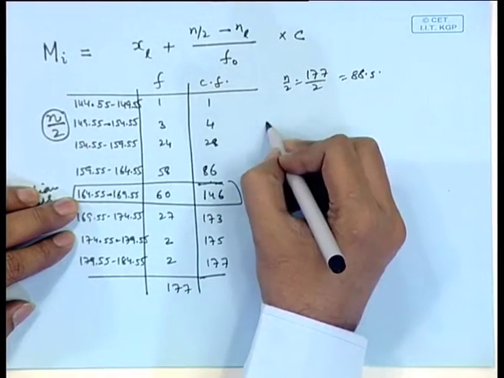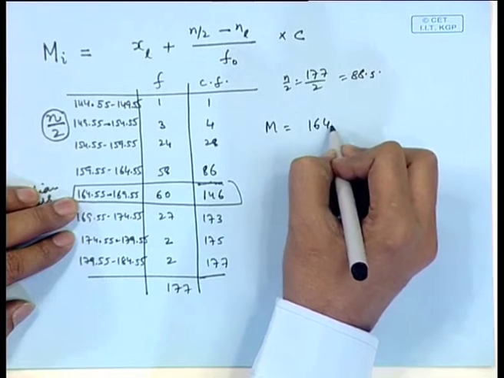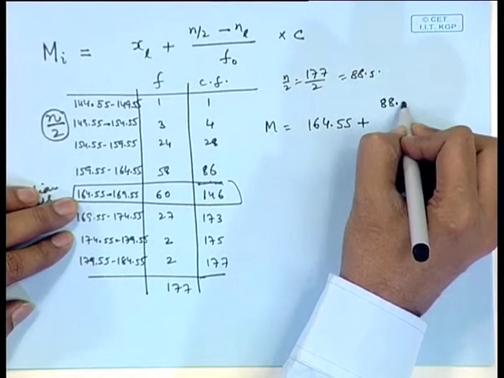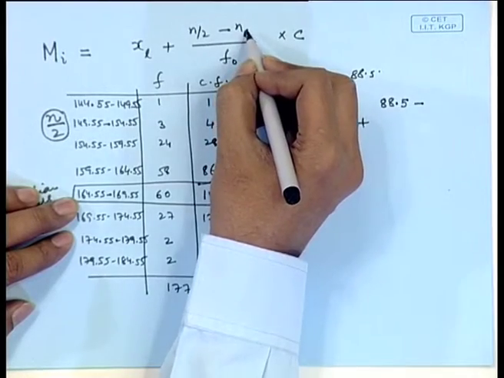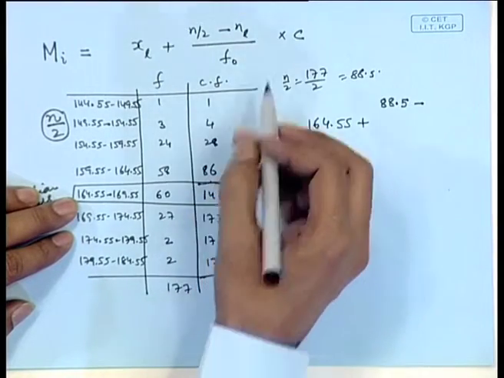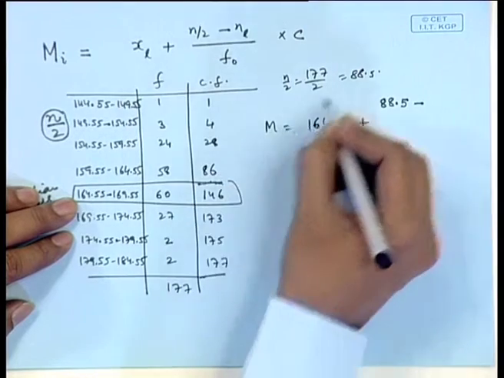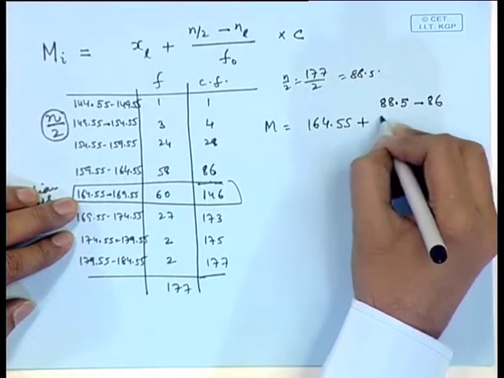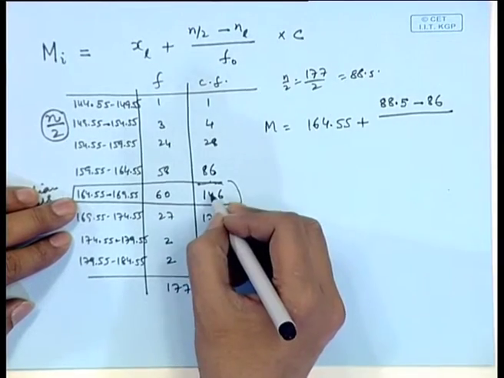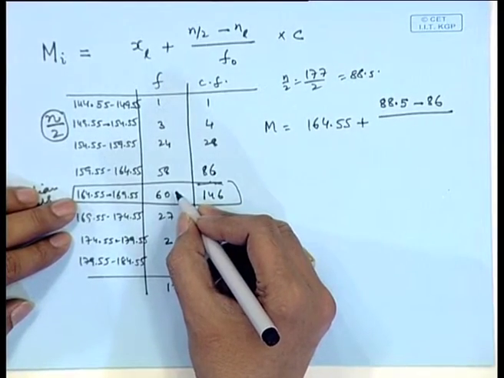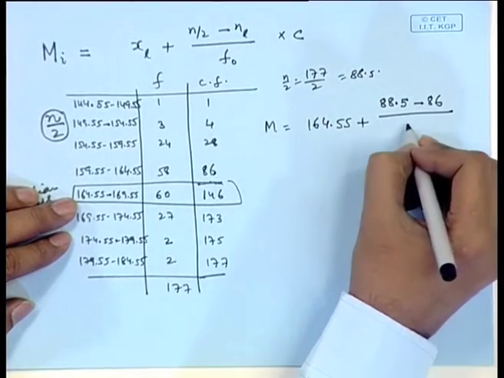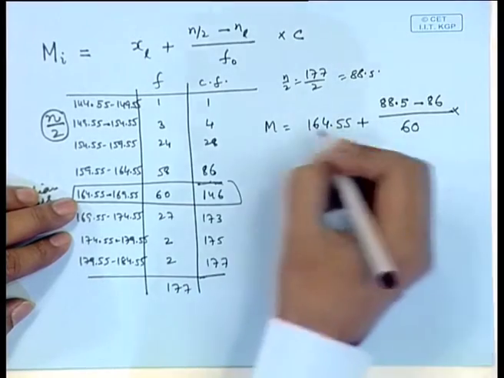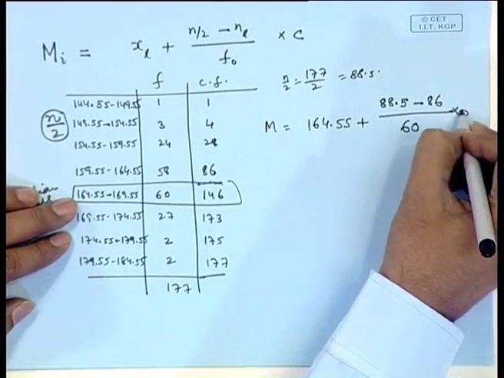So, in this formula median will be 164.55 plus n by 2, that is 88.5, minus n L. n L is the cumulative frequency which is occurring just before that class, that is 86, divided by f naught. f naught is the frequency of the median class, that is 60, multiplied by C. C is the length of the class interval.